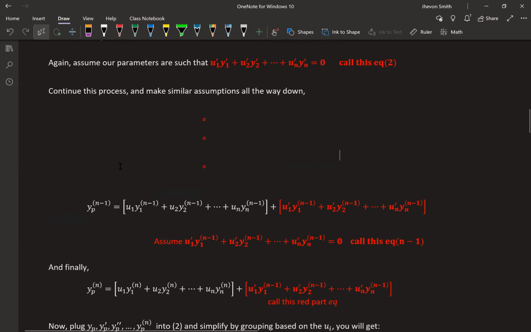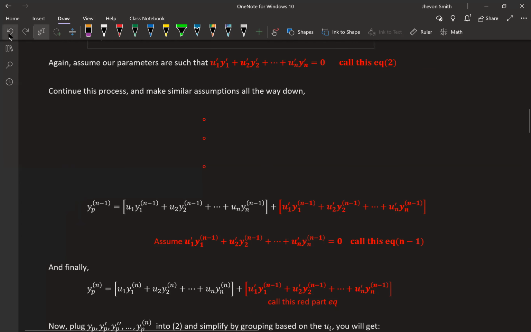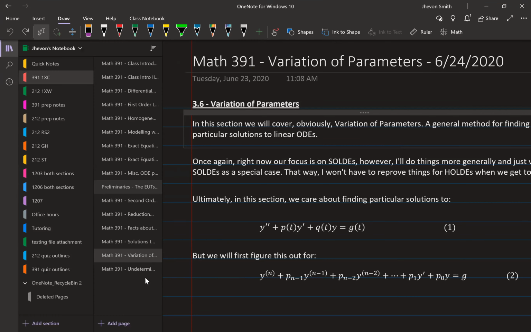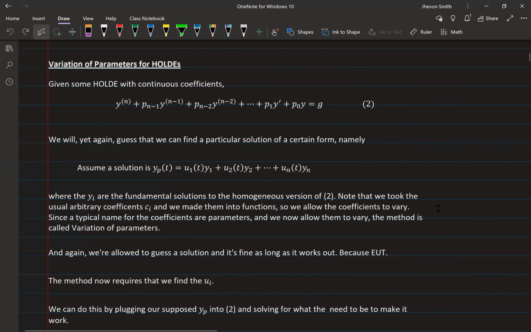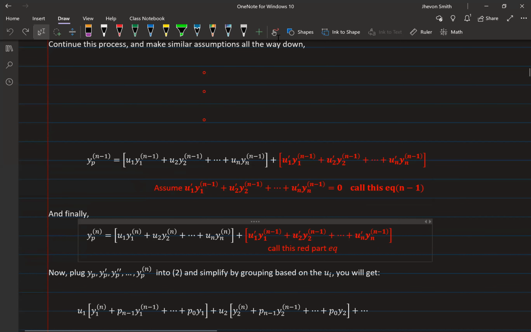And then at the nth derivative, I'm just going to call this EQ n. So this one I'm not going to throw away. I'm actually just going to now start plugging these guys in. So I go back and I'm going to plug all these derivatives into the original ODE.